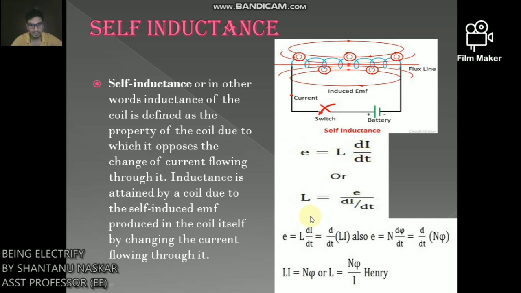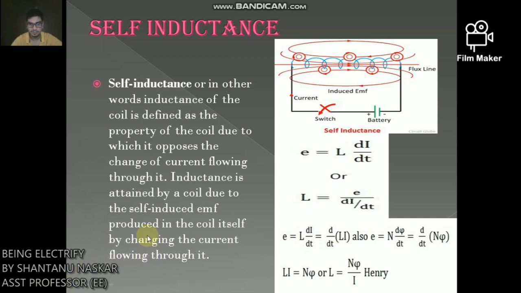Putting the following values in the above equation, E equals 1 volt and di by dt equals 1 ampere per second, then the value of inductance will be 1 Henry.